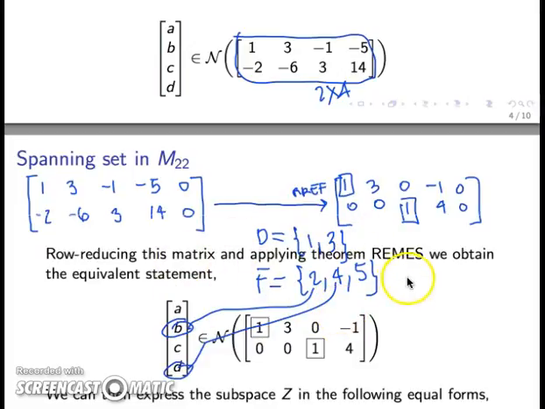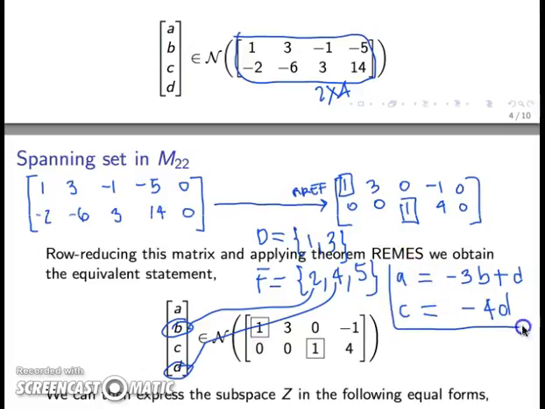This is to say that we could express A as minus 3B plus 1 plus 1D, and we could also express C as minus 4D, right? So we can make these substitutions because A and C are the dependent variables, and we can substitute A and C by expressions in terms of the free variables.